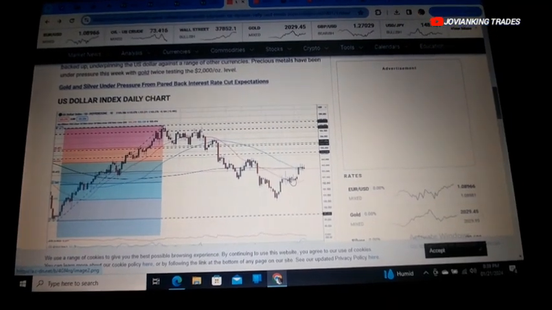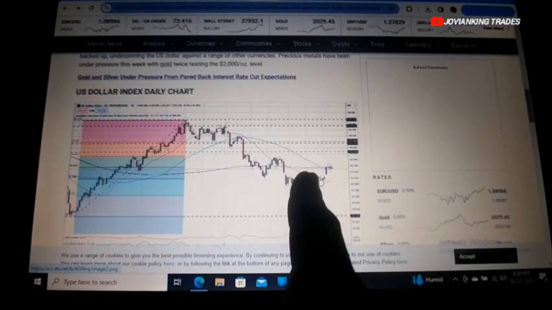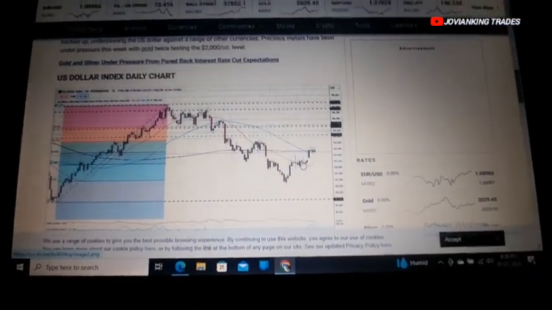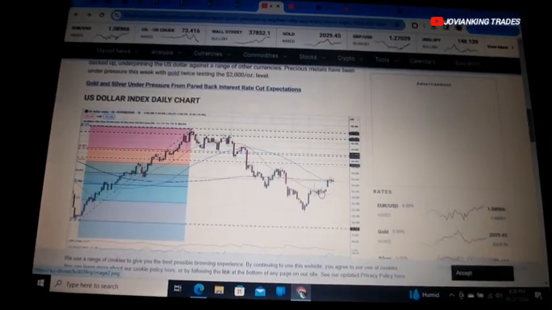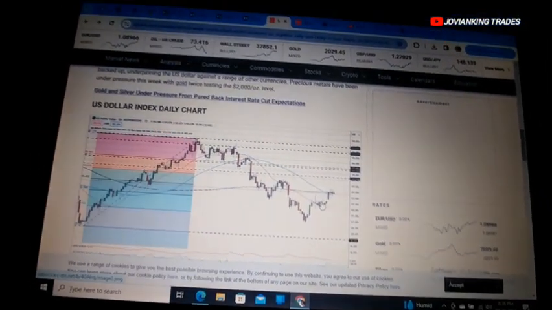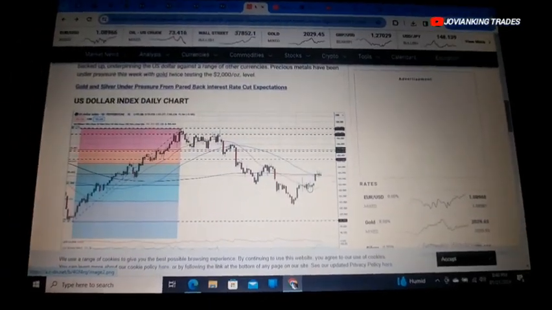GBP will be stronger than USD if USD is weak. So for USD to be strong, it means that GBPUSD is likely going to be bearish. XAUUSD is likely going to be bearish. EURUSD is likely going to be bearish. But something like USDJPY, USDCAD, it's likely going to be bullish because USD is a major pair. You get me now?